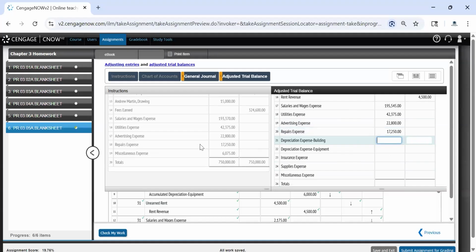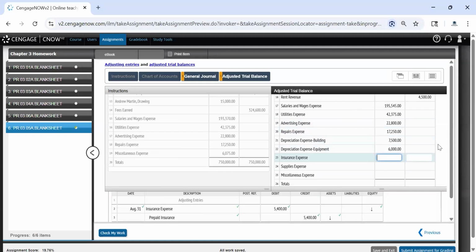Depreciation expense building, we did that. That was 7,500. Depreciation expense equipment was 6,000 because we accrued that. Insurance expense didn't have anything previously, so that's going to be the 5,400 we accrued.